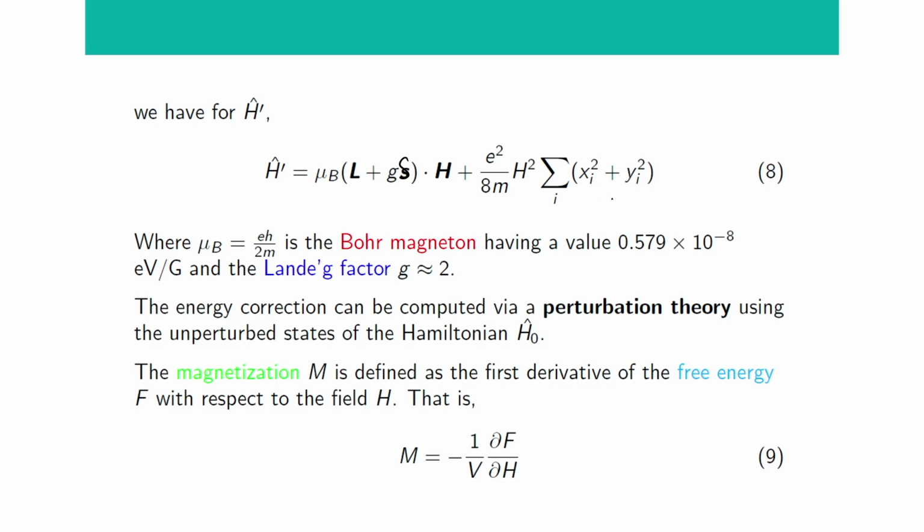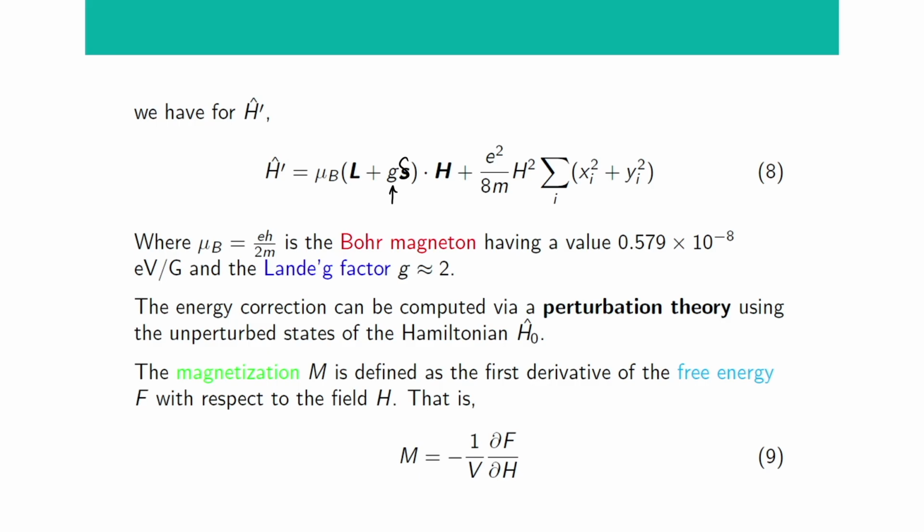Then mu_B is equal to eH over 2m, and so this has a value which is 5.58 times 10 to the power minus 8 electron volt per Gauss, and the Landé g factor that you see here is approximately equal to 2. There is some correction to that, let us not worry about it now.